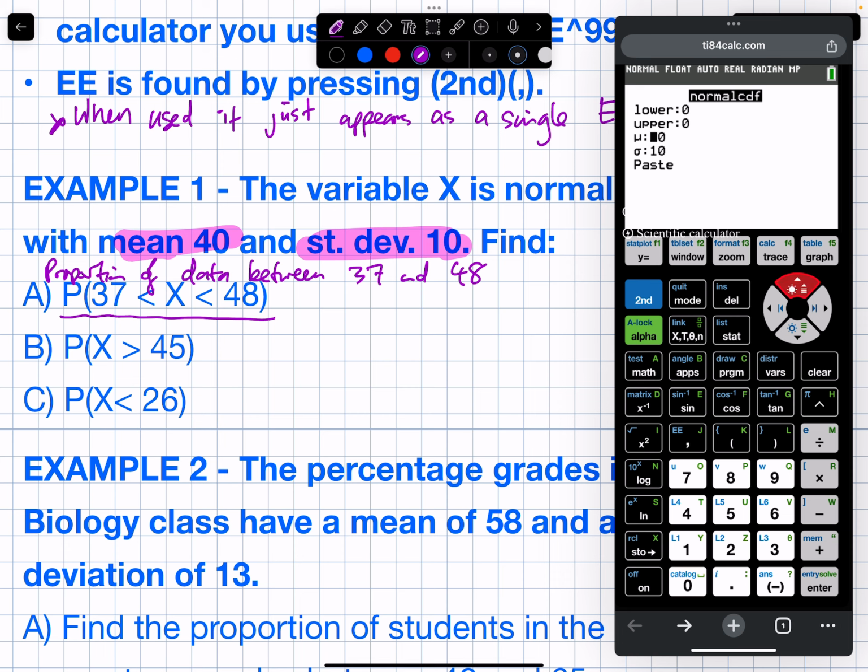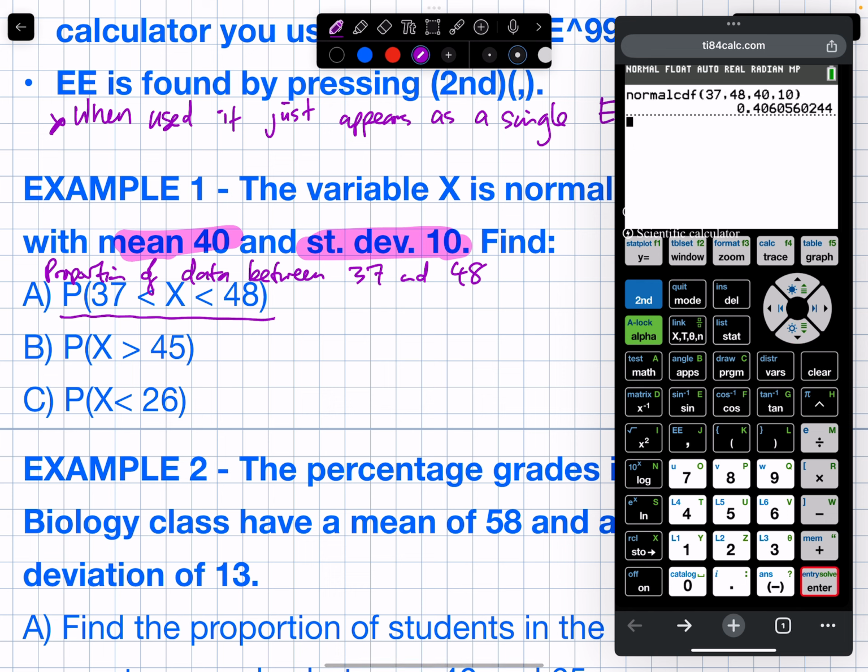10. And according to what this question A is asking me, if I want to know how many percent of the data is between 37 and 48, what's the lower end of that? 37. What's the upper end of that? 48. That's how you do this type of question. And when you go down to paste, it's going to tell you this decimal.